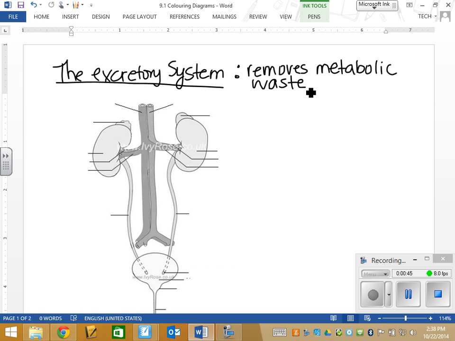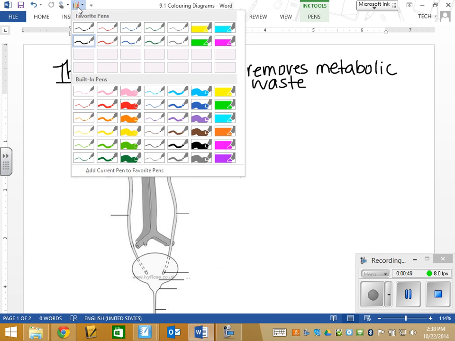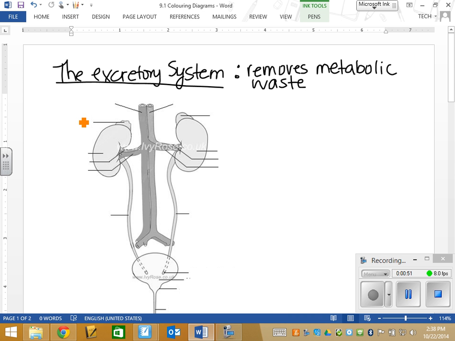So I'd like to talk about the word metabolic just for a second so that everyone is clear on what it stands for. The word metabolic refers to metabolism, and so this is making a reference to the fact that there had to be some sort of reaction.